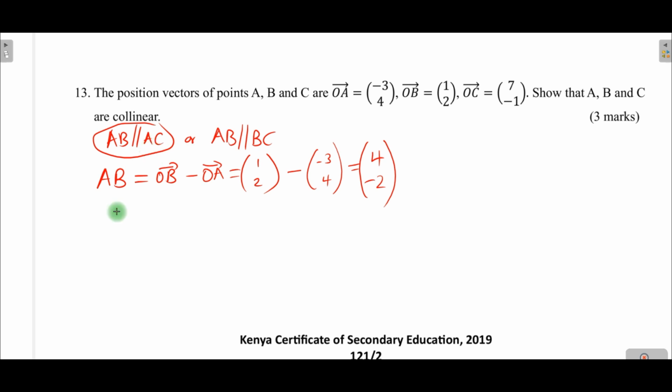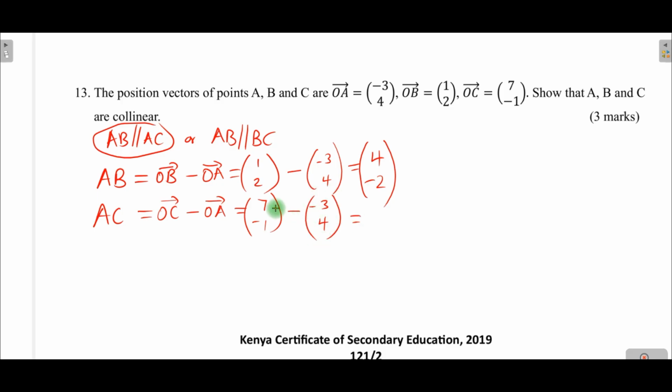Then consider the other one, AC. For AC, we take the position vector of C minus the position vector of A, which will be OC, (7, -1), minus OA, (-3, 4).